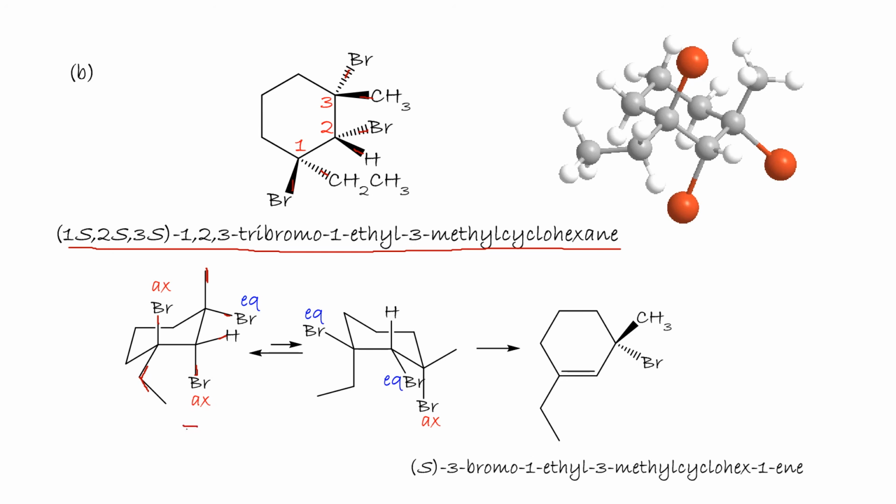In this conformation, these two Br are anticoplanar, and this conformation is more stable than the other one, where the Br are equatorial and the ethyl group is axial, so the shift will go to this more stable conformation, where these two Br are anticoplanar and the elimination will take place.